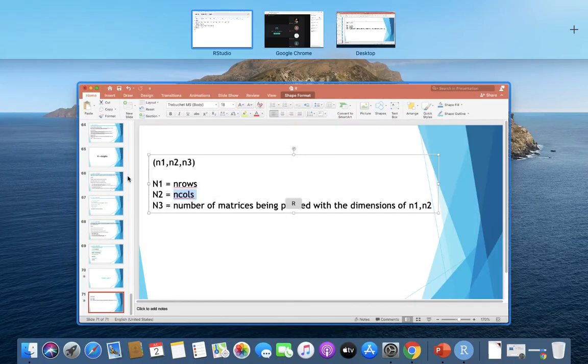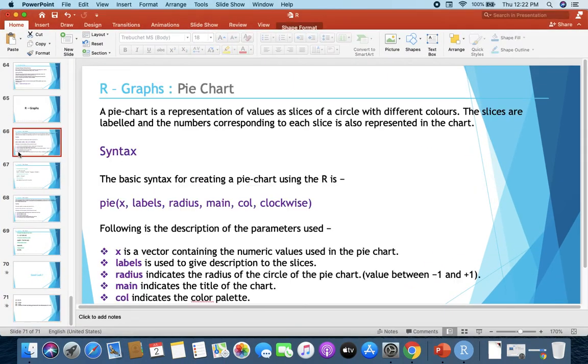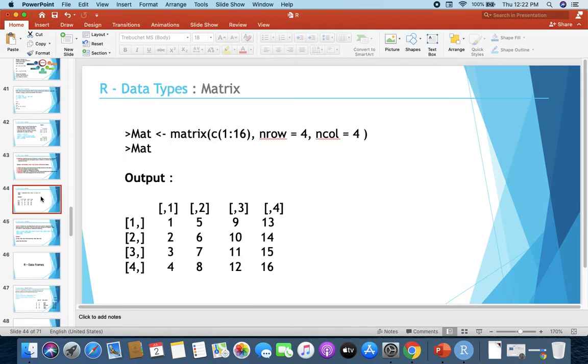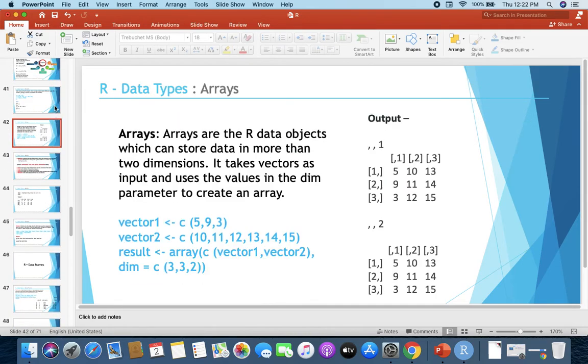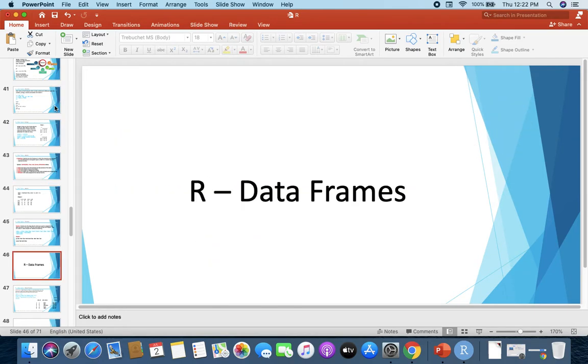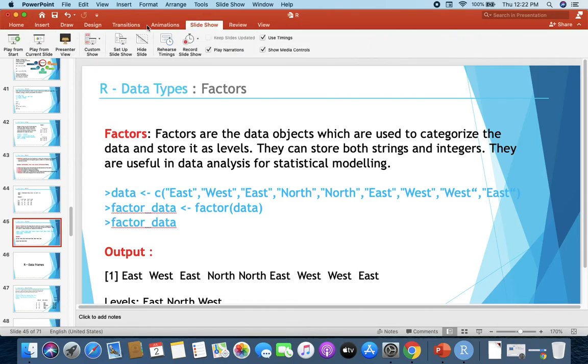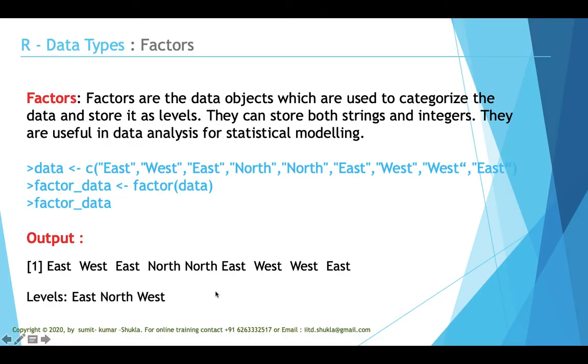So let me deal with it in the PPT and we'll make it more understandable. So where is the factor? I think it's after matrix. There it is, dealing with the factors. As I said, factors are the data objects which are used to categorize the data and store it as levels.